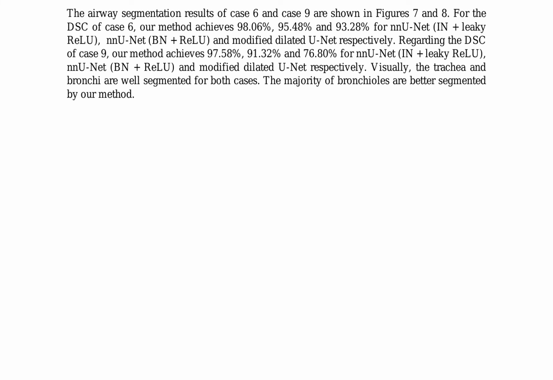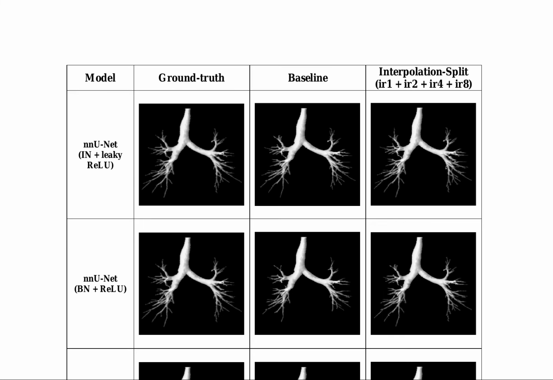Comparative analysis of airway segmentation results from 3 deep learning models is presented, with a focus on Case 6. The models under evaluation are NNU-net with instance normalization and leaky ReLU, NNU-net with batch normalization and ReLU, and a modified dilated U-net. The goal is to assess their performance in segmenting airways from medical images.